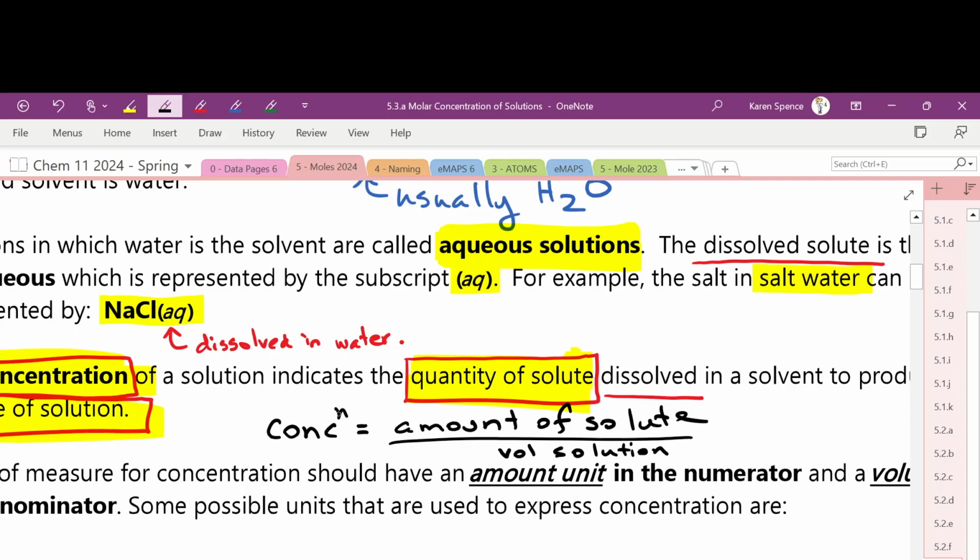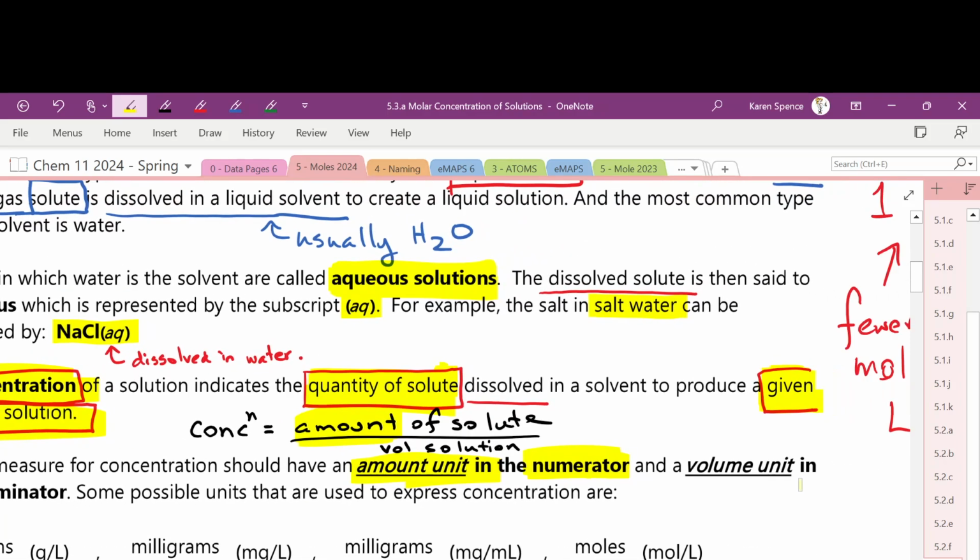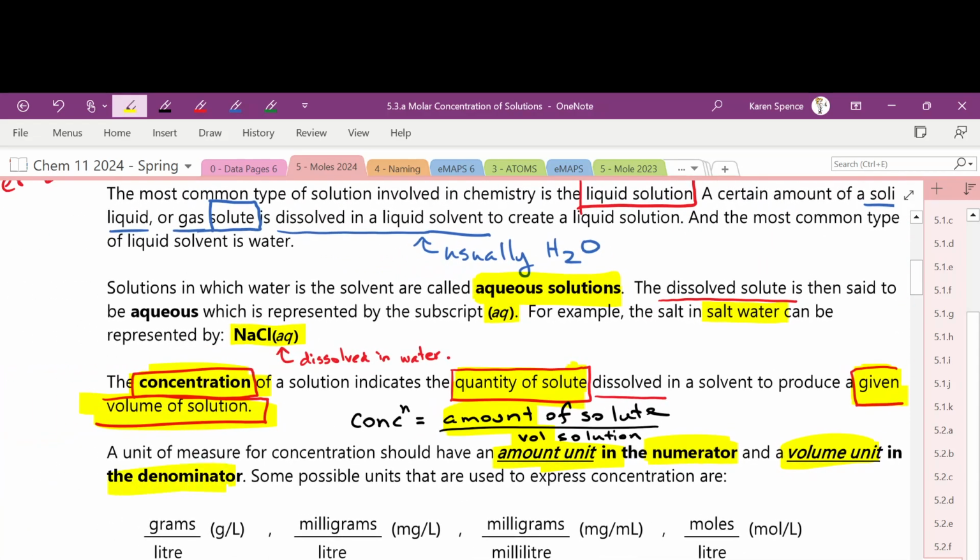So conc, or conc with a little n at the top, is one of my abbreviations for concentration, okay? So basically we need an amount in the numerator, and we need a volume unit in the denominator. So what are some ways we could measure the amount? Well, we could measure amount in grams.